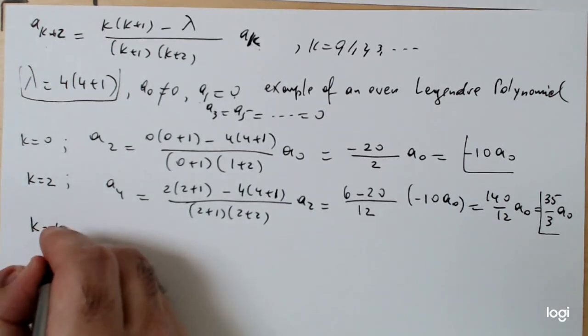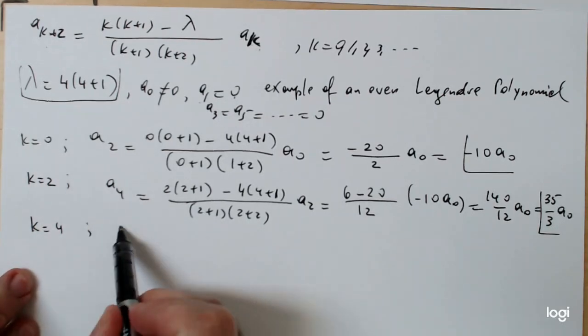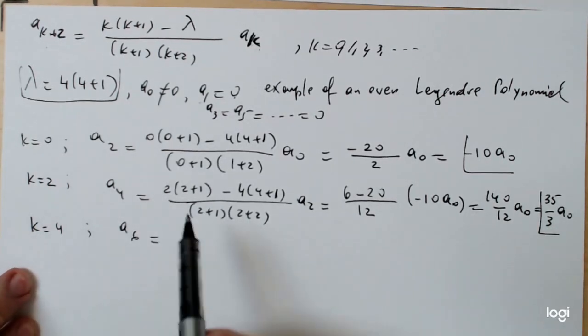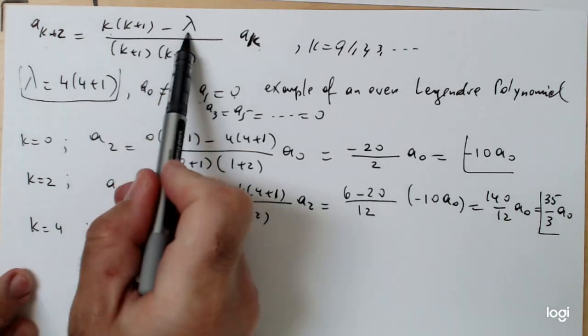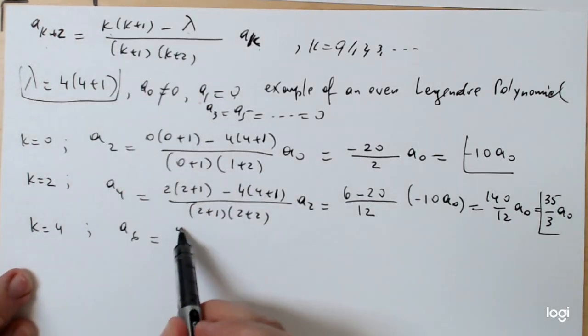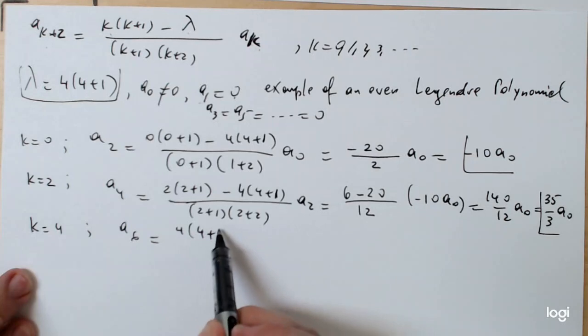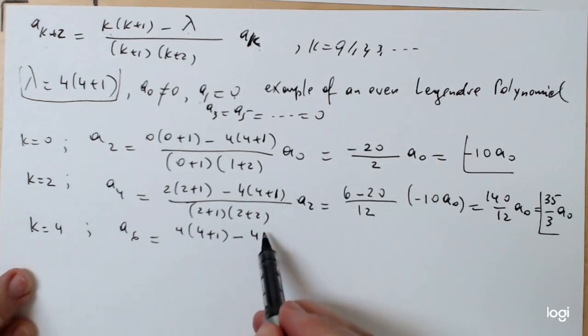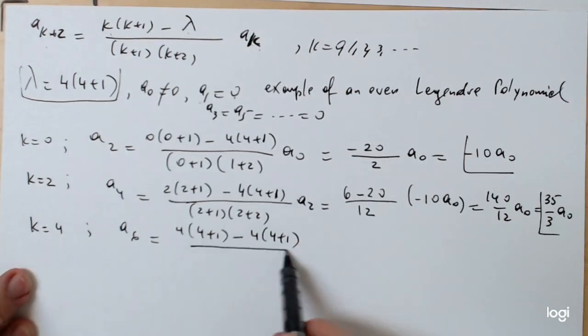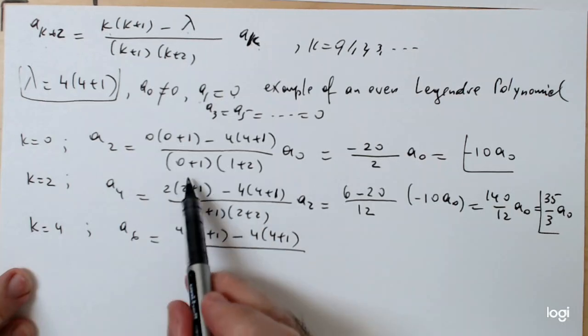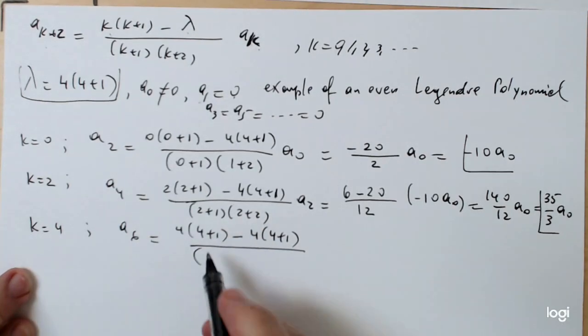So pay attention here. The next step on k equals 4, that'll give me a6. And when k equals 4, that's the key thing, the numerator becomes 0, right? So k reached the value 4 and now matches lambda. So that's the whole idea, basically. As long as lambda matches one of these k times k plus 1s, then the summation basically stops.